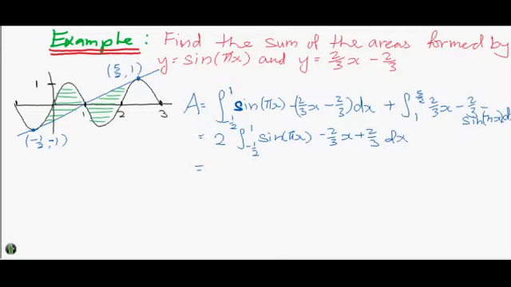So very quickly, what happens here when you do the integration? Sine pi x becomes -1 over pi cos pi x. 2/3 x, you know that you have to increase the power on x by 1, and you divide by 2. So you get x squared on 3, and then 2/3 just becomes 2/3 x.